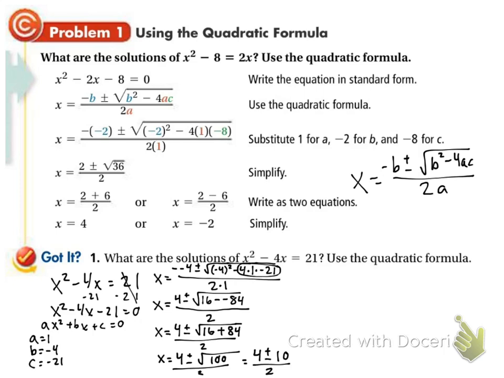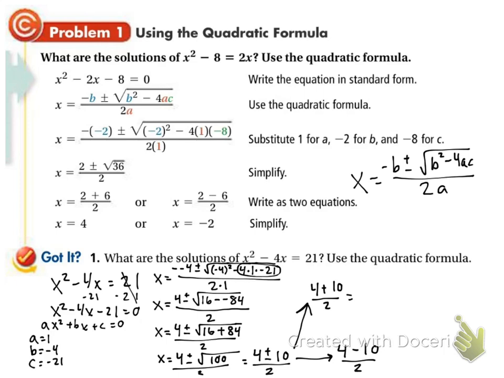Now, here's our last step. Remember when we were working with completing the square and we get a plus or a minus and we make two equations? Same thing here. Since we have a plus and minus, we need to make two different equations. One will be 4 plus 10 over 2, and one will be 4 minus 10 over 2.